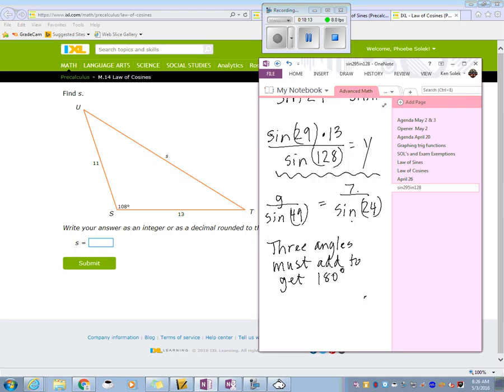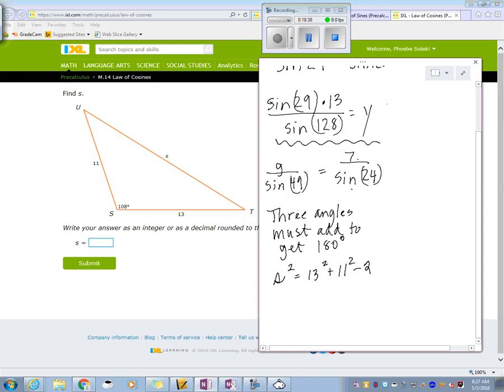So we would set that up as s squared equals 13 squared plus 11 squared minus 2 times 13 times 11, times the cosine of 108. Right?